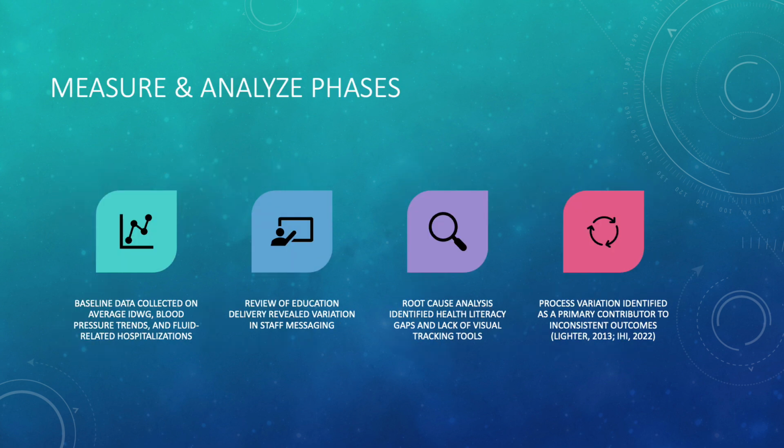During the measure phase, baseline data were collected on average IDWG, blood pressure trends, and fluid-related hospitalizations. When the data was analyzed, significant variation was identified in how fluid education was delivered across staff.